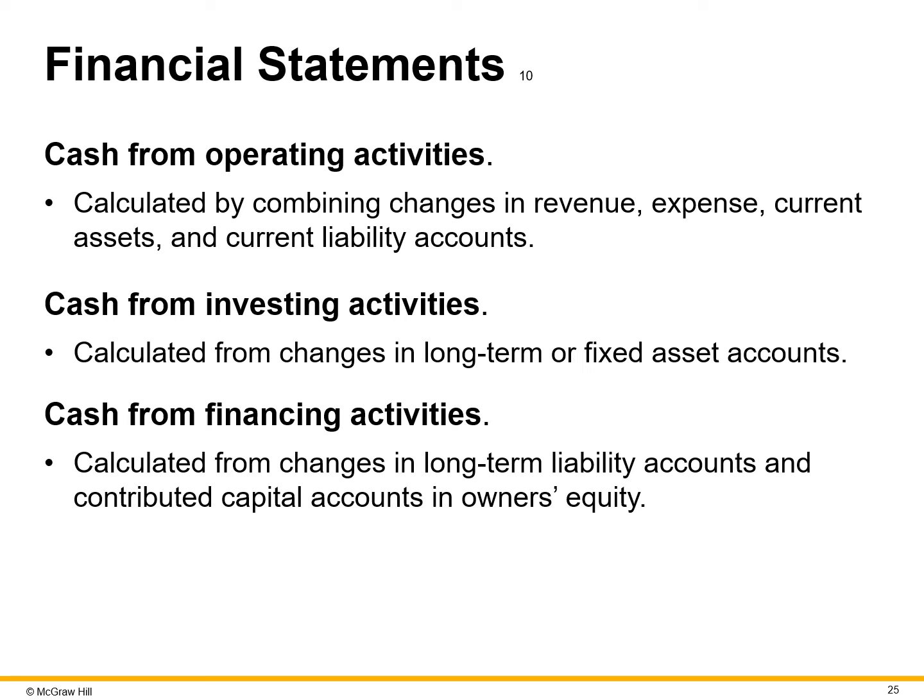Cash from operating activities, which is calculated by combining changes in revenue, expense, current asset, and current liability accounts. Cash from investing activities, calculated from changes in long-term or fixed assets. And cash from financing activities, which is calculated from changes in long-term liability accounts and contributed capital accounts in owner's equity.